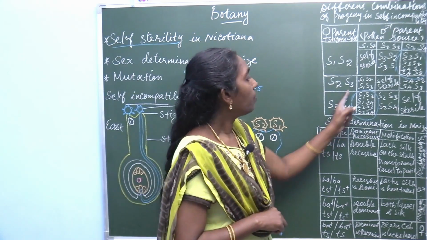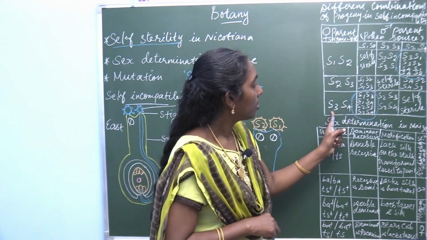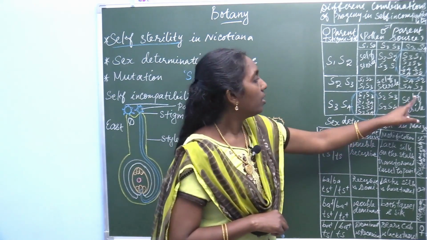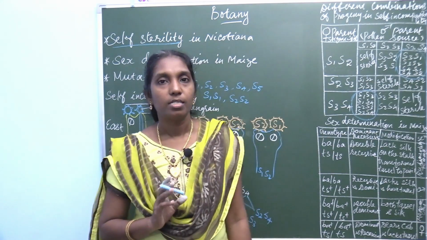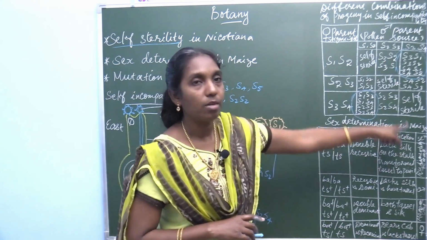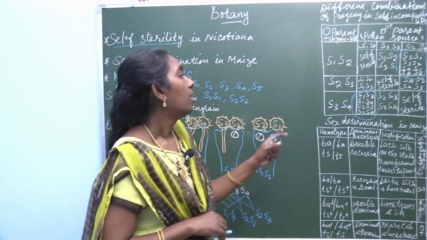Then S3, S4 and S3, S4 is also self-sterile. So these 3 are self-sterile because they come under homozygosity.